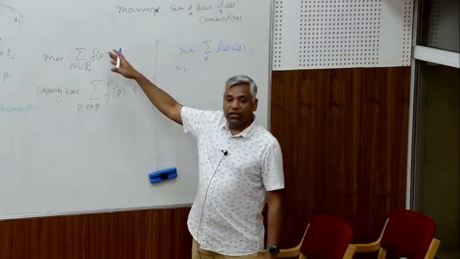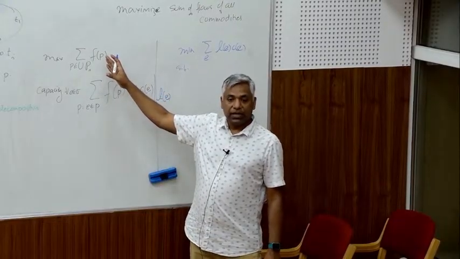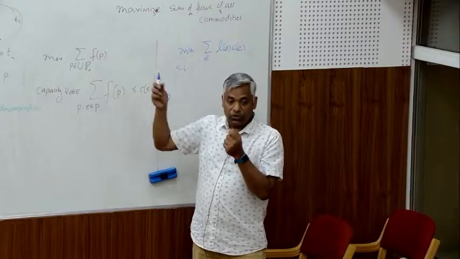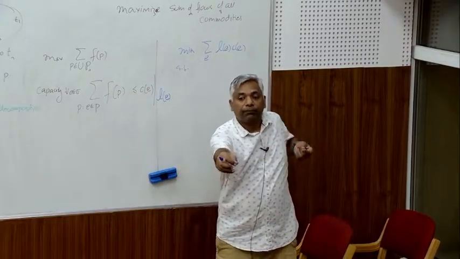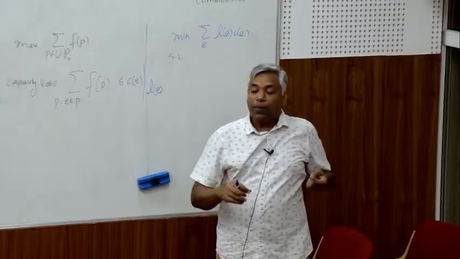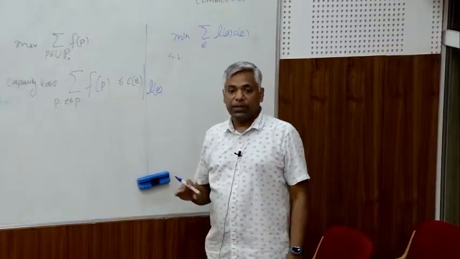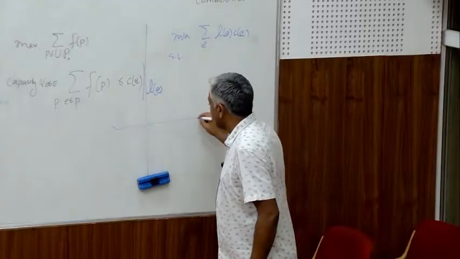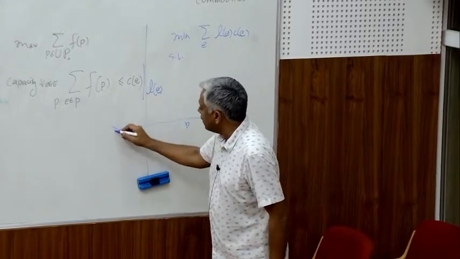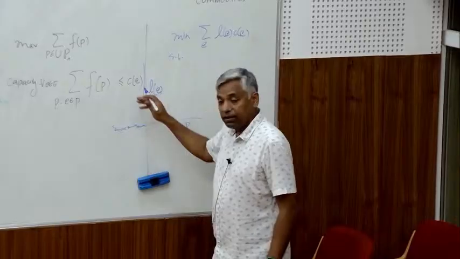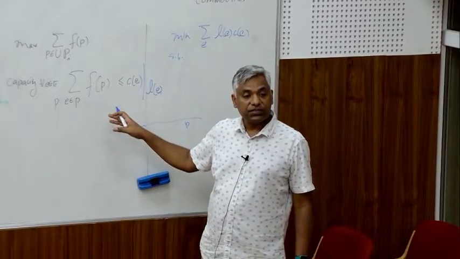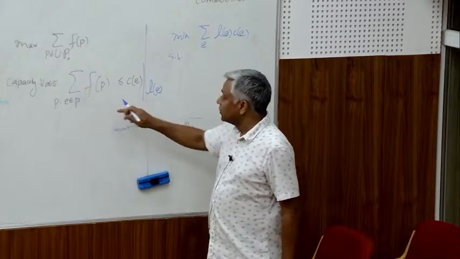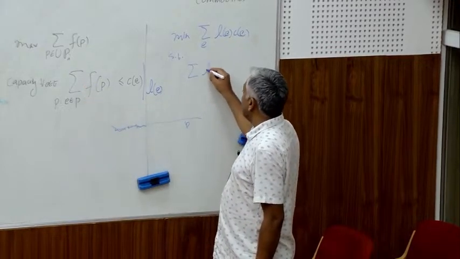Remember, you have to take the variables here. So what is the variable here? It's the flow along a path. So you have to look at a certain path, right? And in which constraints will that path appear? If this is my path, all the edges that are on this path, it will appear in the constraints corresponding to those edges. Yes? And what's the coefficient? 1. So this will just be summation l_e.